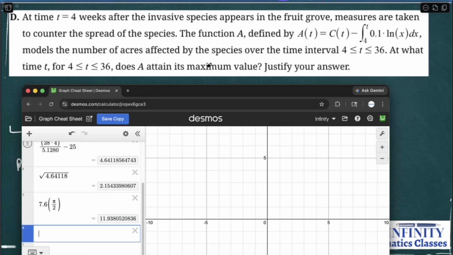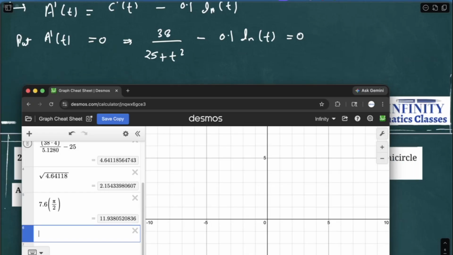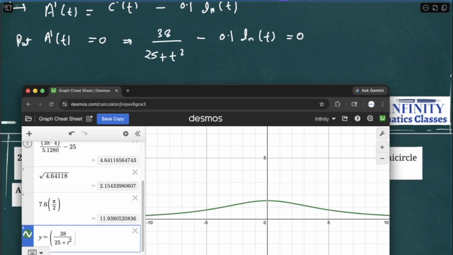Okay, and let me just show you the curve. The curve is y equals 38 divided by 25 plus t square, minus 0.1 ln t.